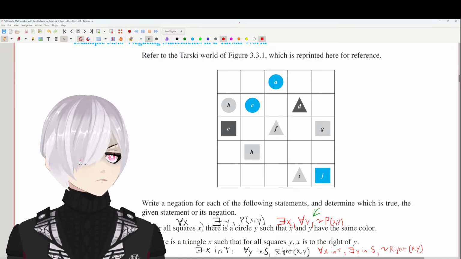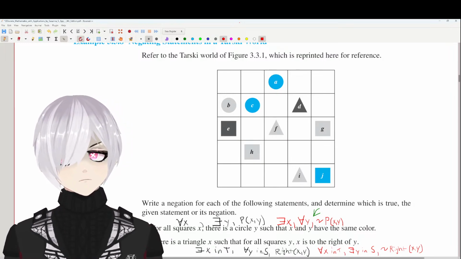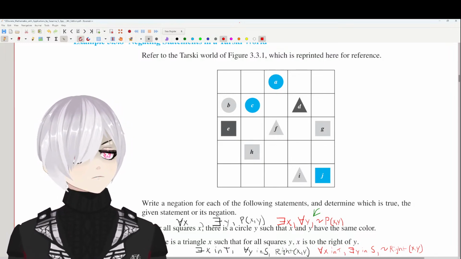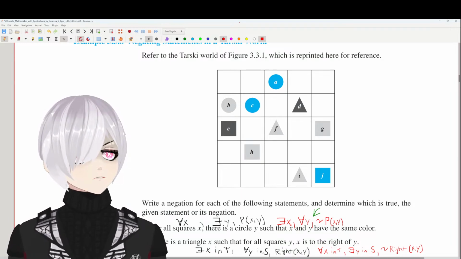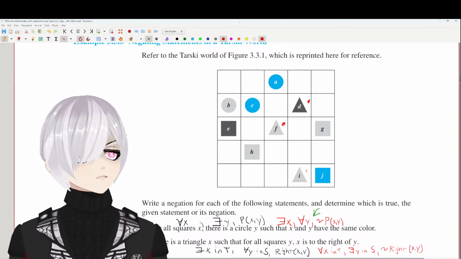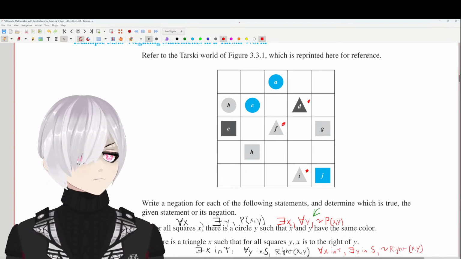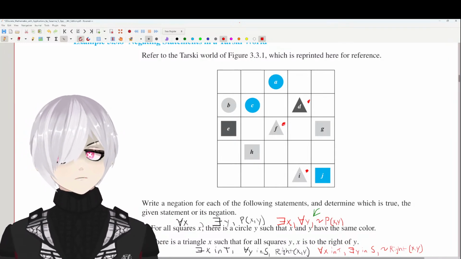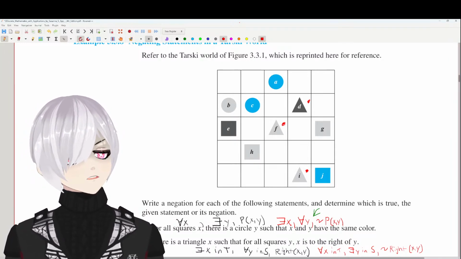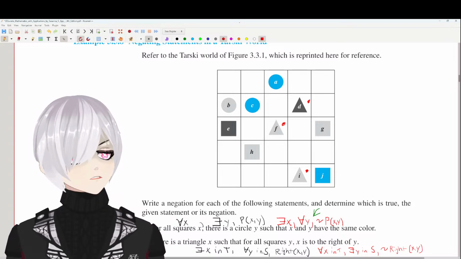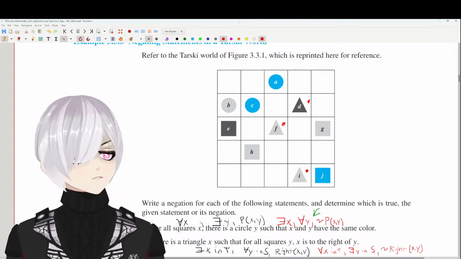So I guess first we can check if the original statement is true. Well, let me identify all the triangles. Here's a triangle, here's one, that's all of them. So there exists some triangle such that for all squares, the triangle is to the right.